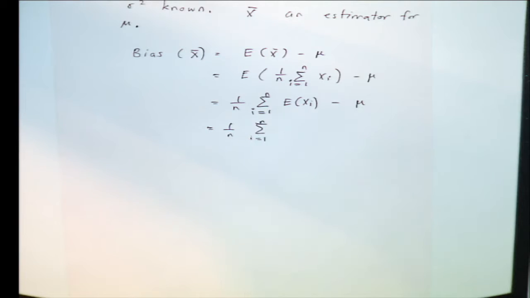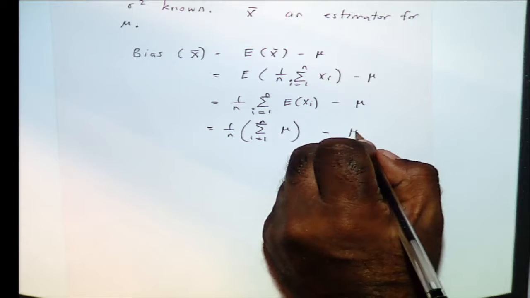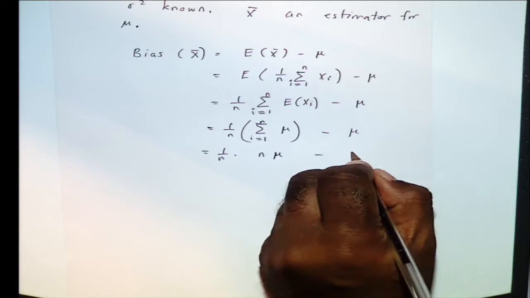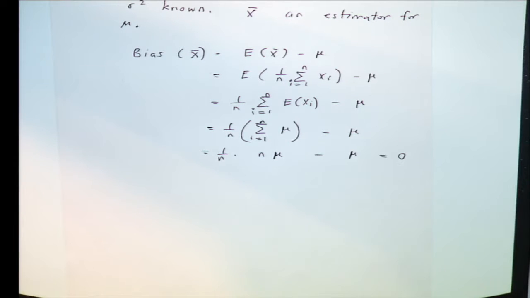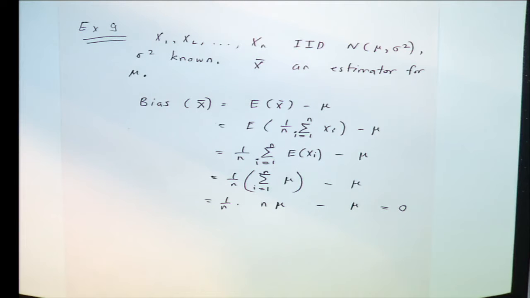Now what's the expectation of xi if xi is normal? You should remember this from last week, guys. It's equal to mu, right? So this is 1 over n times n mu minus mu, which is 0. So the bias is equal to 0, right?